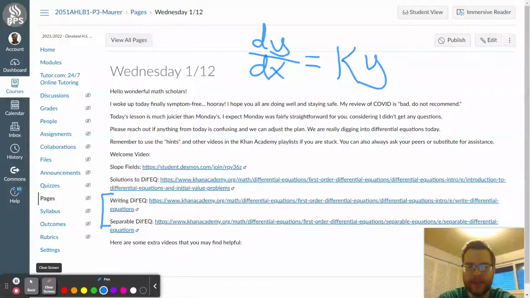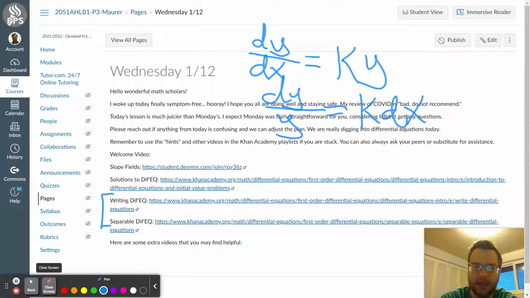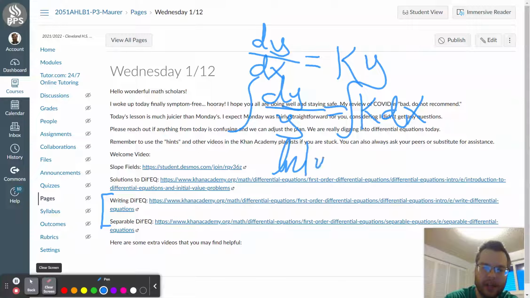And this is a separable differential equation because if you just try to move your variables around, you can divide both sides by y and multiply both sides by dx and get dy over y equals k dx. And then taking the integral of both sides, you end up with the natural log of the absolute value of y equals kx plus c.